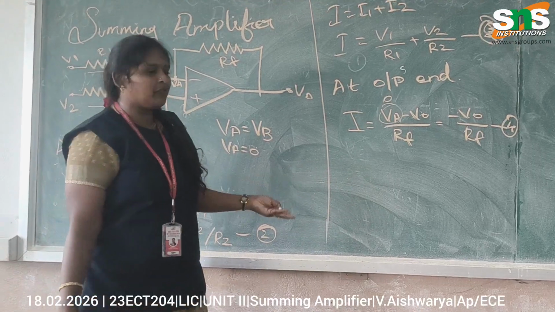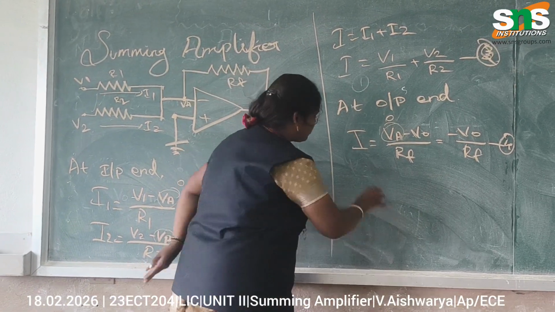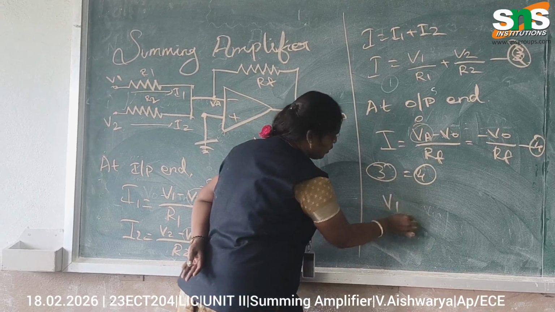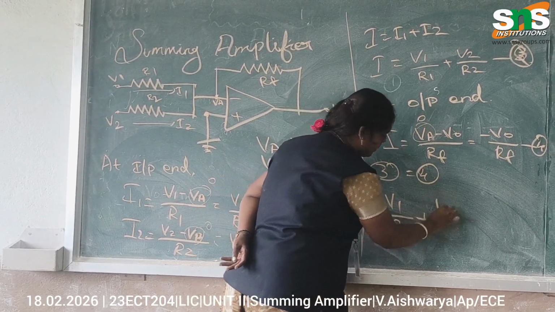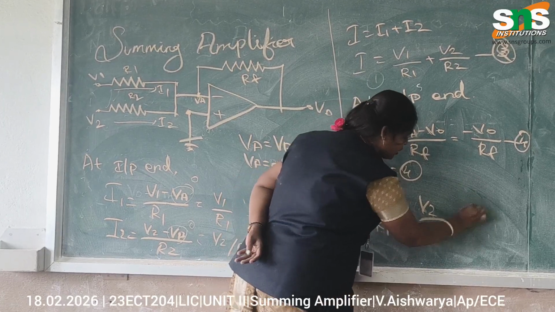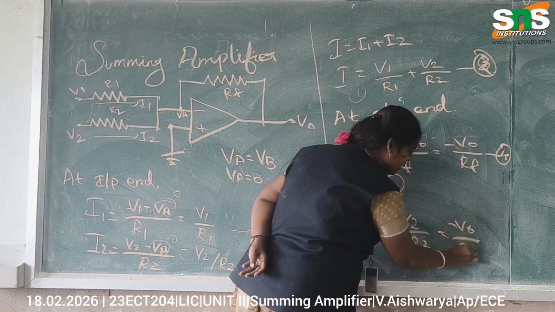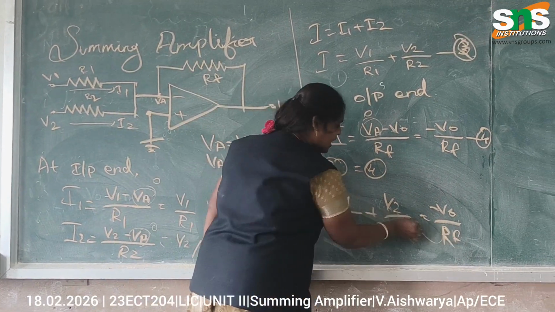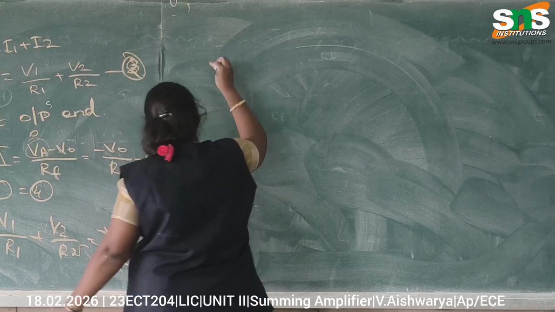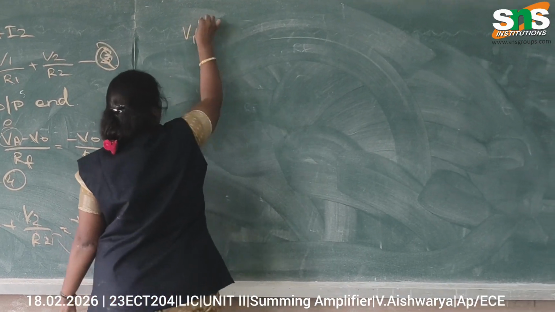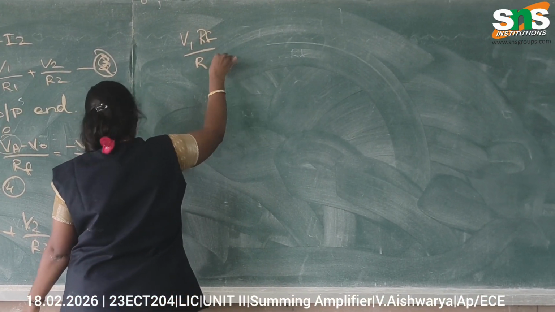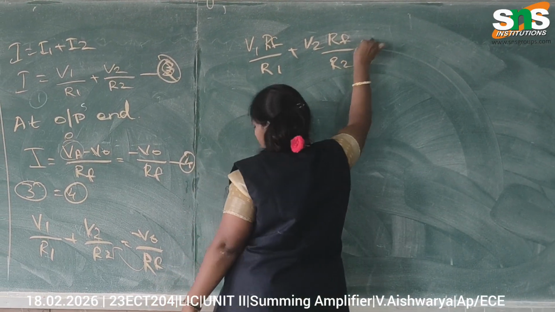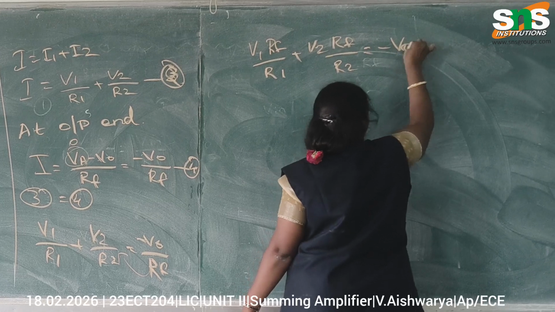Then we have to equate equation 3 and 4. So V1 by R1 plus V2 by R2 equals minus V0 by RF. I multiply RF on both sides, so V1 RF by R1 plus V2 RF by R2 equals minus V0.